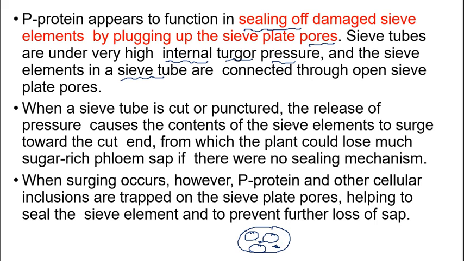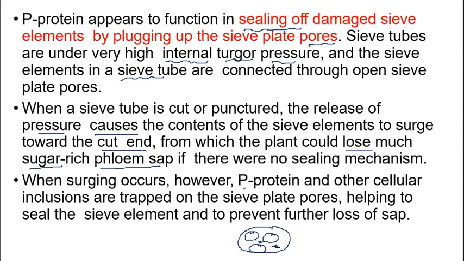When the sieve tube is cut or punctured, the pressure is released. High pressure is built up to transport over long distances, so when there is a cut or puncture, the released pressure causes the contents of the sieve elements to surge towards the cut end. The solute will leak, which causes the plant to lose much of the sugar-rich phloem sap, if there is no sealing mechanism like that.